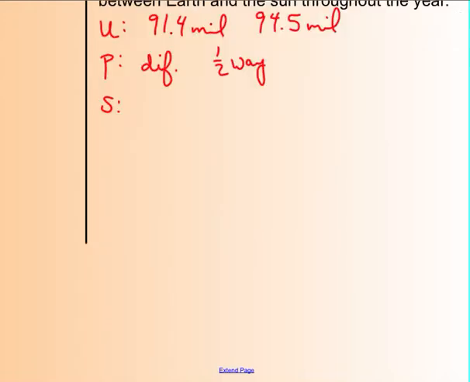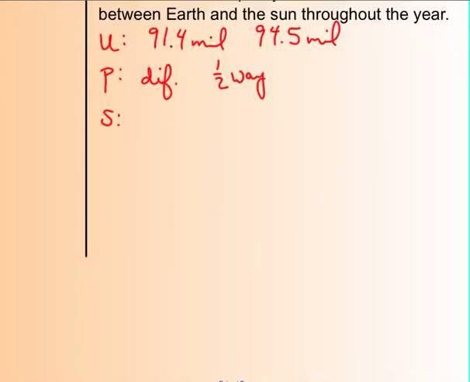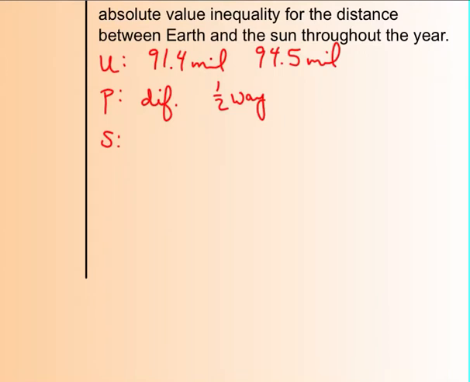So I'm going to go ahead and figure out these two values that I thought might be important in my planning stages. The difference, so 94.5 minus 91.4 gives us 3.1. And the halfway distance, so when the Earth was the halfway distance from closest to furthest, that would be cutting the 3.1 in half and adding that back on to the smallest distance.